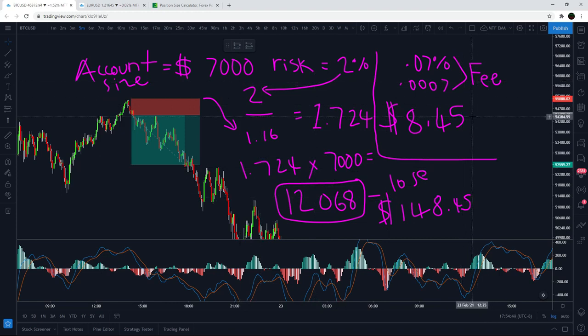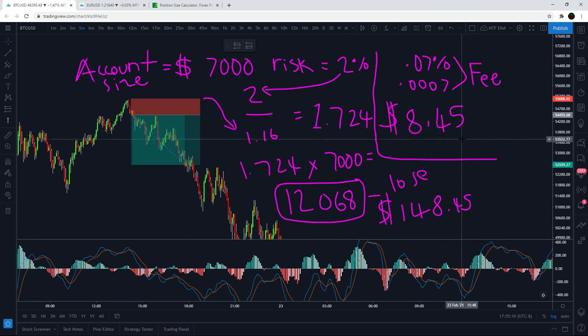And let's just assume that your fee is 0.07% of your position size. And that is the same thing as 0.0007. So you can just multiply 0.0007 by the position size. So $12,068 times 0.0007 equals $8.45.